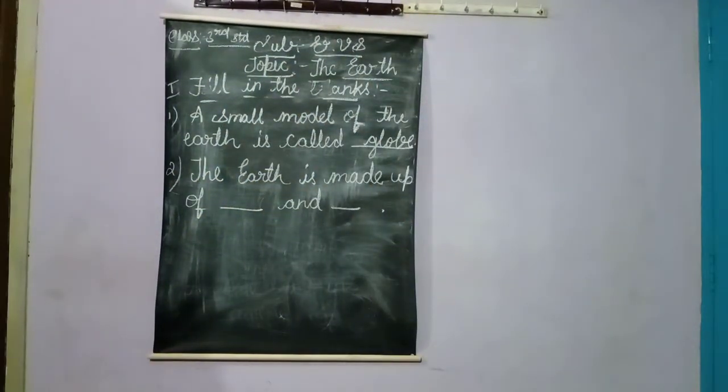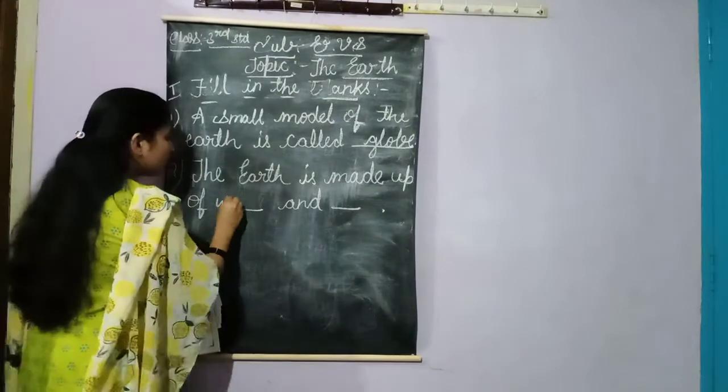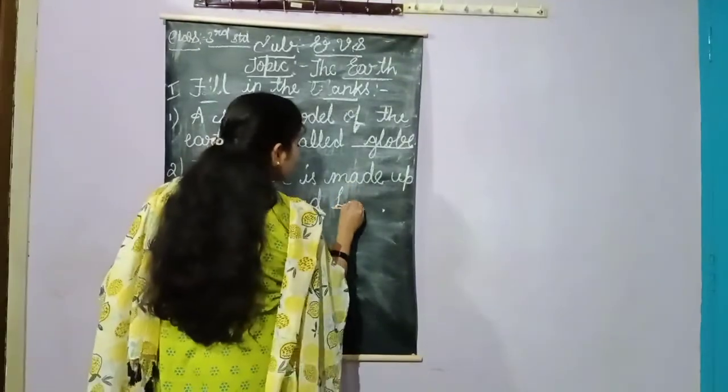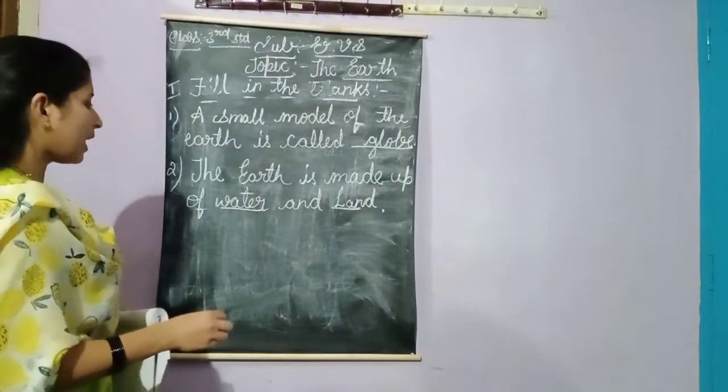Water and land, right? Yes, Earth is made up of water and land. Write down water and land.